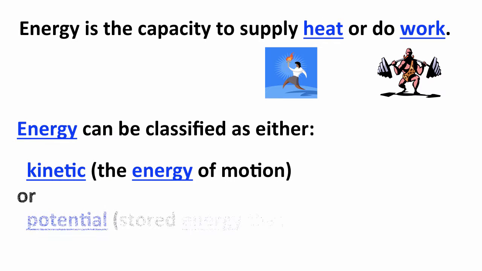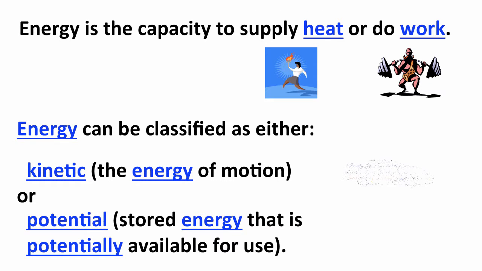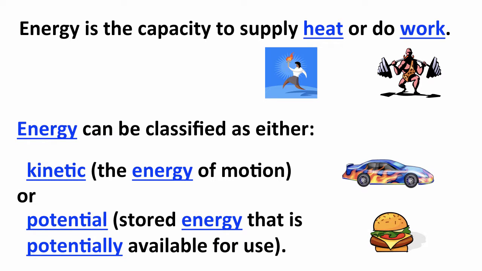Energy can be classified as either kinetic energy, which is the energy of motion, or potential energy, which is stored energy that's potentially available for use. So a car, or for that matter a moving molecule, has kinetic energy, its energy of motion. And chemical bonds and a cheeseburger have stored energy, or potential energy, that can be available for use.